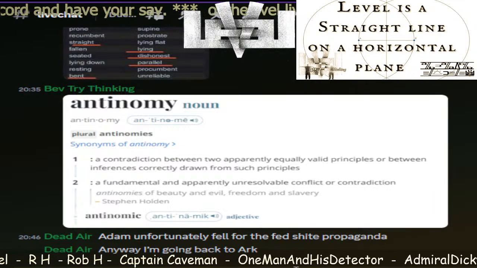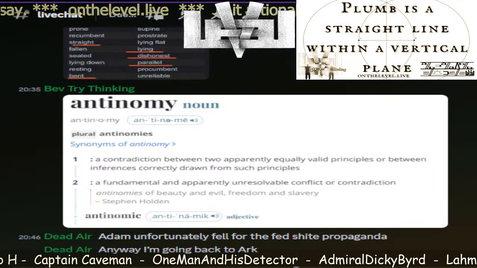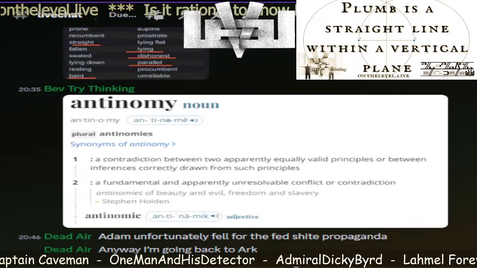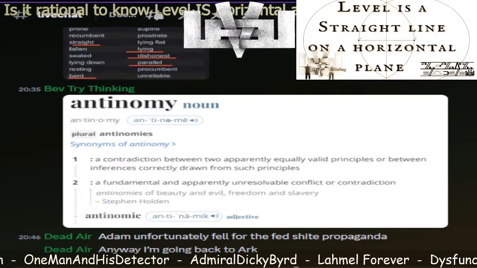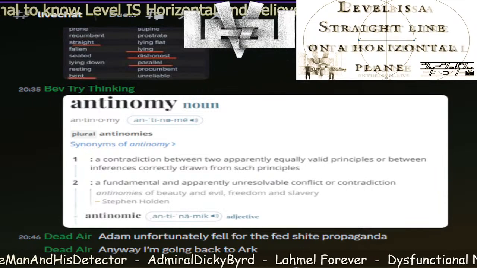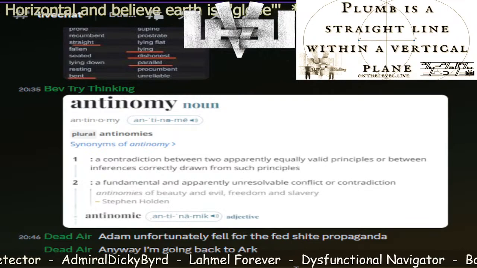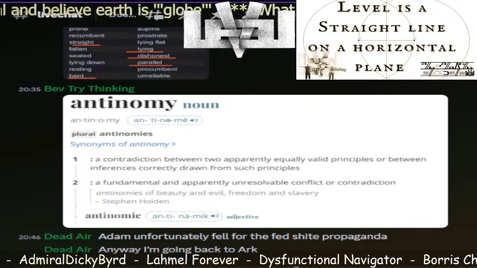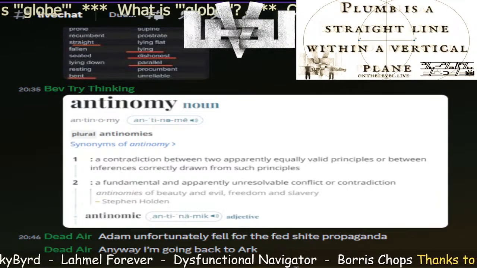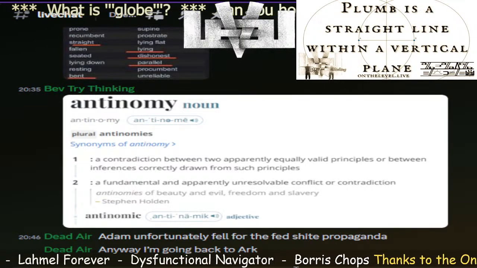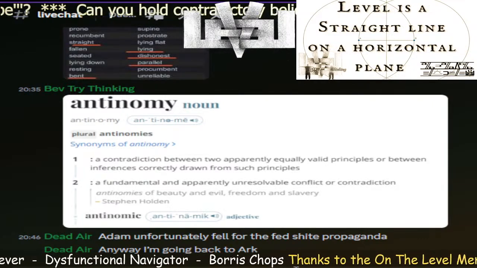Well, for me, I'd say it's quite the opposite. Look, the idea of the antinomy is to let people know that there seem to be apparently equally valid principles. Now, obviously, Adam thinks that it is equally valid to say that level and horizontal are synonymous with flat, but it's also equally valid to say that a vertical wall is flat.